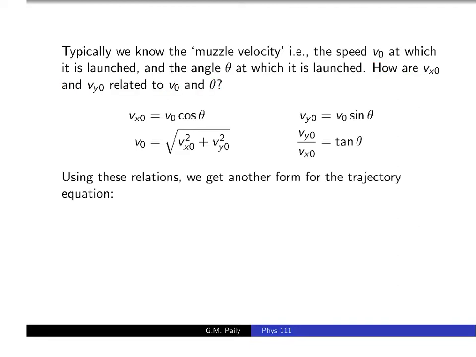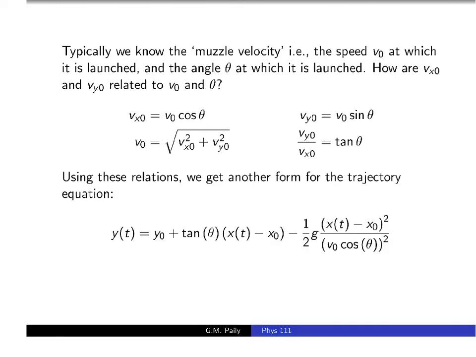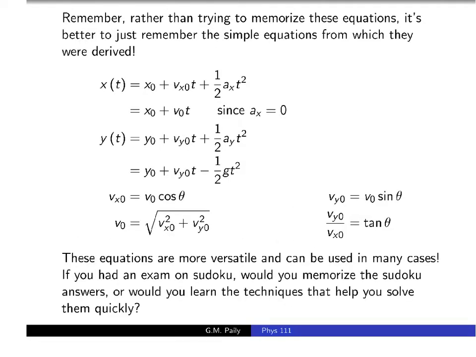So, using these relations, we can get another form for the trajectory equation. We get y as a function of x again, and we can see more clearly the dependence on theta. However, instead of trying to memorize those complicated equations, it is simpler to memorize the constant acceleration equations, which are much more versatile. We focus on just this, and then these simple relations that relate the overall magnitude of the initial velocity to its x and y components.